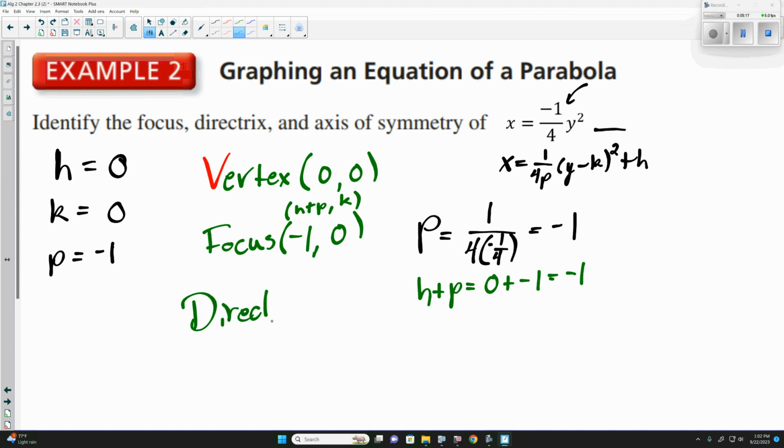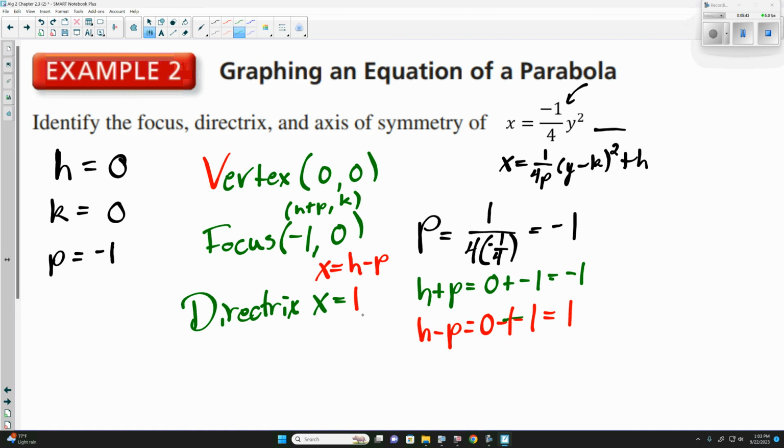Our directrix is the equation x equals h minus p. h minus p would be 0 minus negative 1. The minus and negative become plus, which tells us that it's just 1.